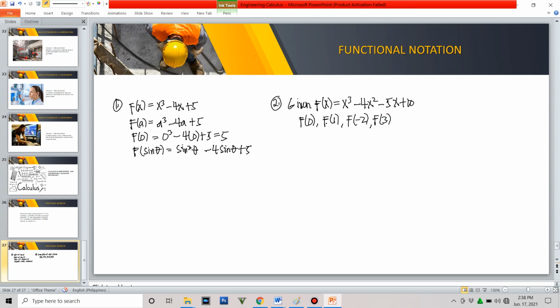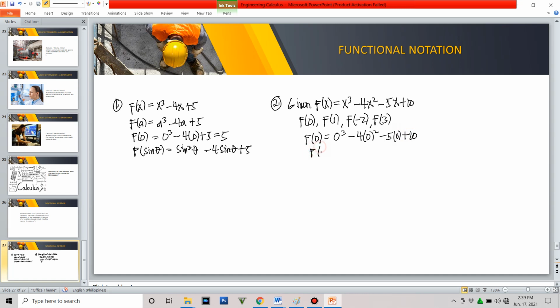So all we have to do is to substitute each of these values. Starting with f(0), we just have to perform substitution. So this is 0 squared minus 5 times 0 plus 10.